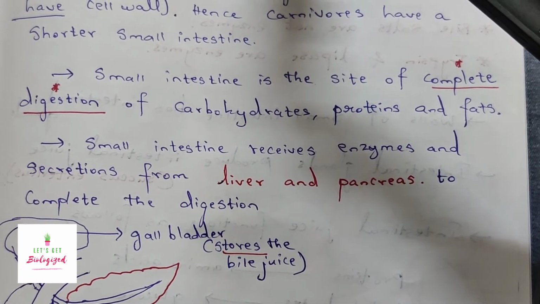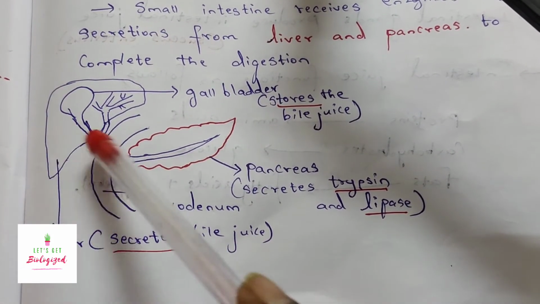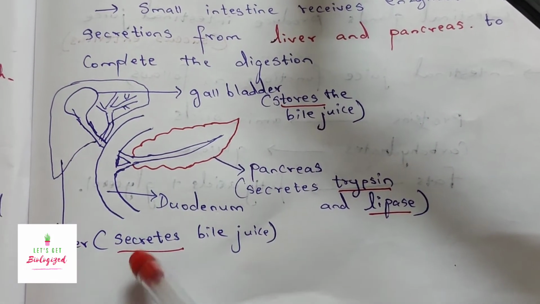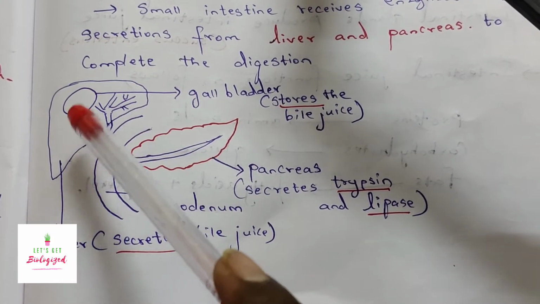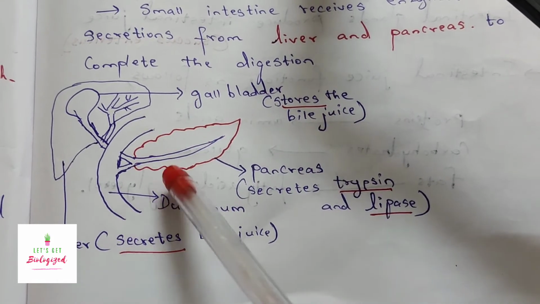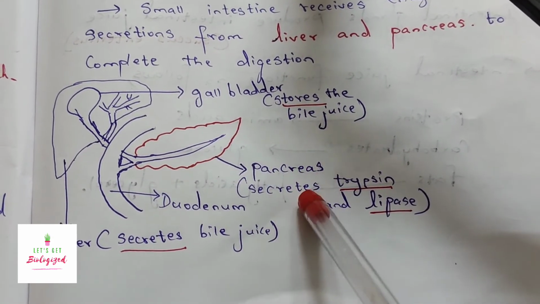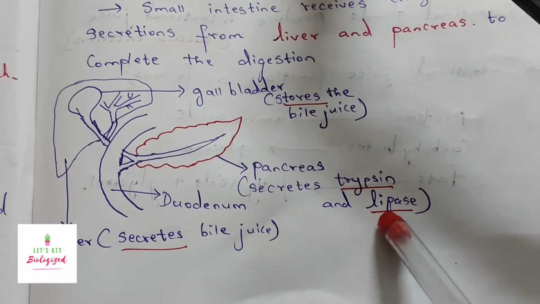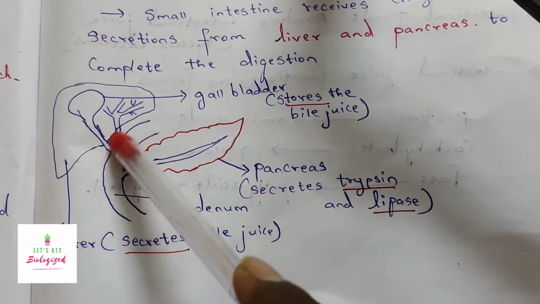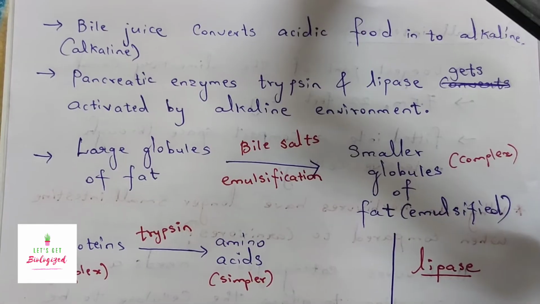Here you can see the liver, which secretes bile juice, and the gallbladder, which stores the bile juice. The pancreas, a leaf-shaped organ, secretes pancreatic juice, which contains trypsin and lipase. Both of these juices open into the duodenum of the small intestine.